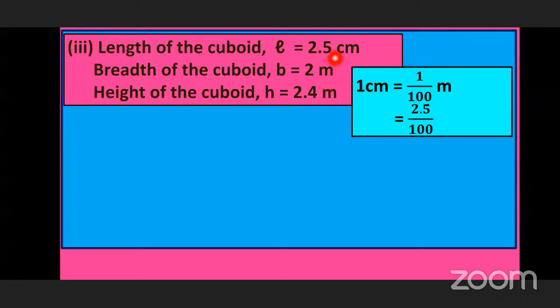We are converting this centimeter into meter. 2.5 upon 100. Already 2.5, that means it is having decimal point. And as we are dividing it with 100, then after two numbers, we are going to put decimal point. So the answer will be 0.025 meter.